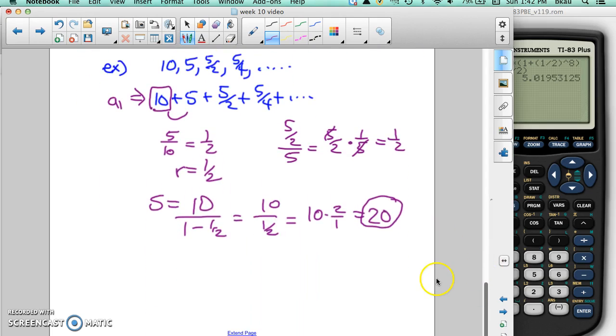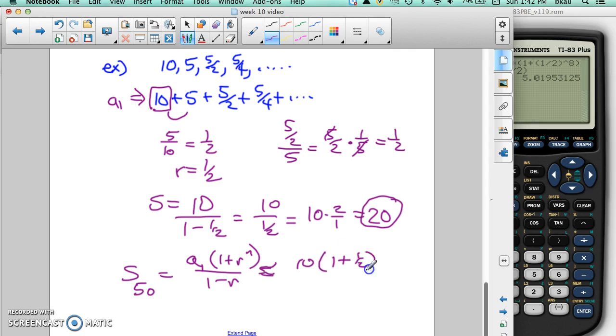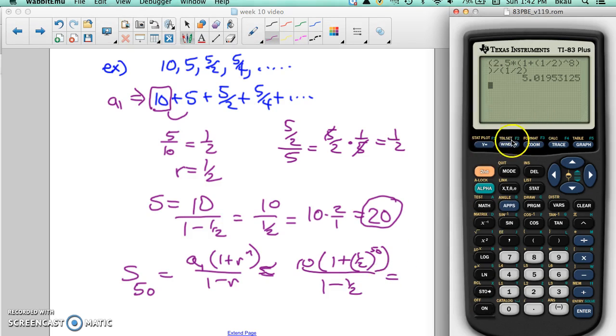Let's find out what s sub 50 here is, just to verify that this works. We can use that formula, right? 1 plus r to the n over 1 minus r. Let's use this formula and see how close we are. We're going to add up the first 50 terms. So it's going to be 10 times 1 plus 1/2 to the 50th power over 1 minus 1/2. Okay, so most of this is already in here.